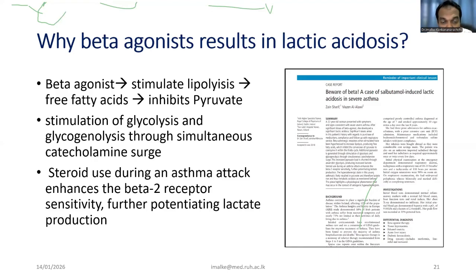Also, use of steroids on top of salbutamol can increase the sensitivity of beta-2 receptors, further potentiating lactate production. There is also stimulation of glycolysis and glycogenolysis through other catecholamine surge, because these are beta agonists. Beta agonist means you increase the sympathetic drive. So that is another cause of acidosis, right?